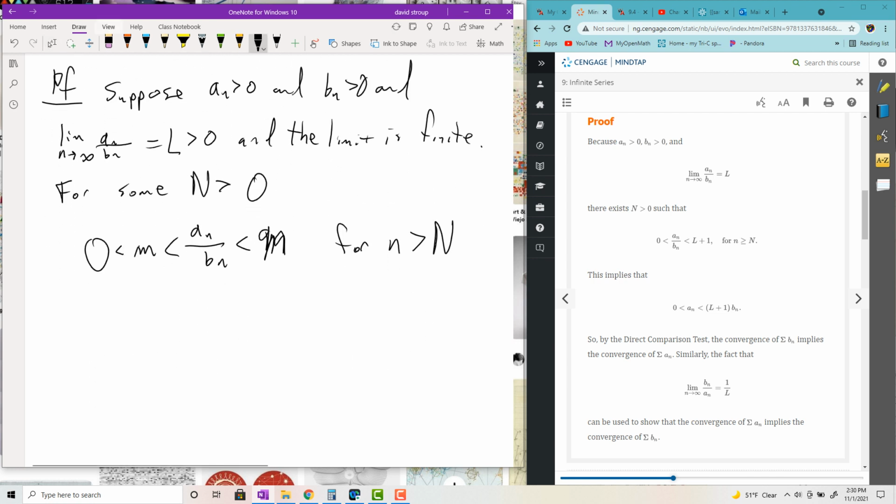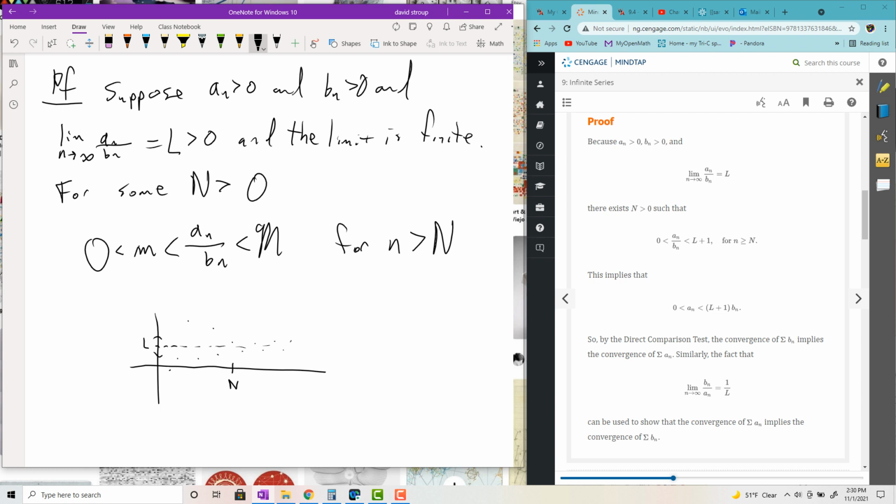If you don't remember how the limit definition works, basically, as you go out further and further, we know the limit of a sub n over b sub n is equal to some number L, which is positive and finite. So let's say this is L. As you get past this big N, the terms of the sequence, no matter what they were previously doing, will have to get within some epsilon of L, right?